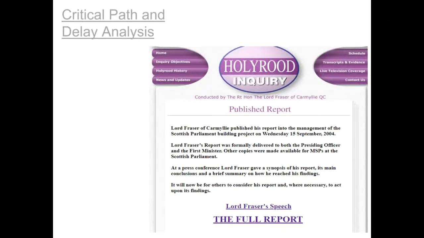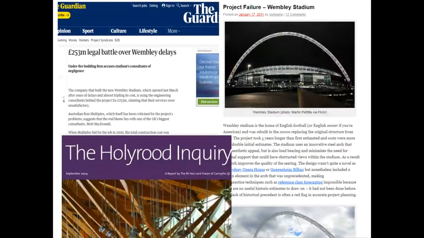Right, so there are a number of projects which failed to meet their targets. One interesting case study is Holyrood, which is the Scottish Parliament construction, where there was a public inquiry and it has got a good discussion on critical path and delay analysis. And other case studies are mentioned here.